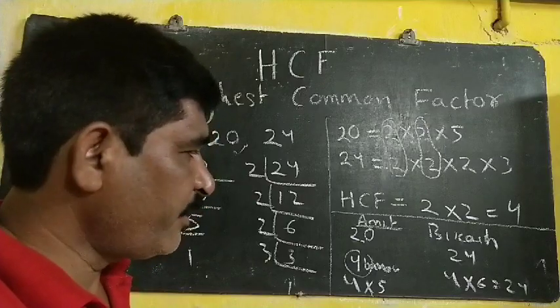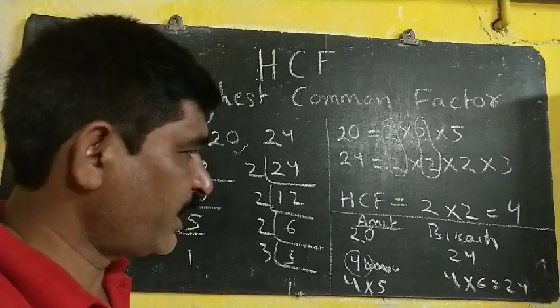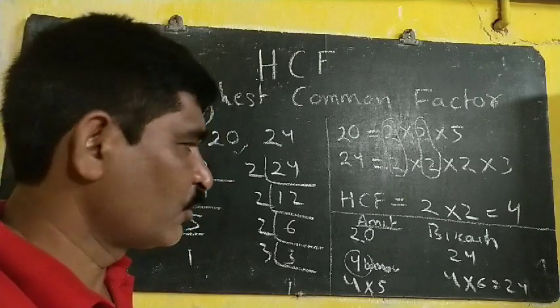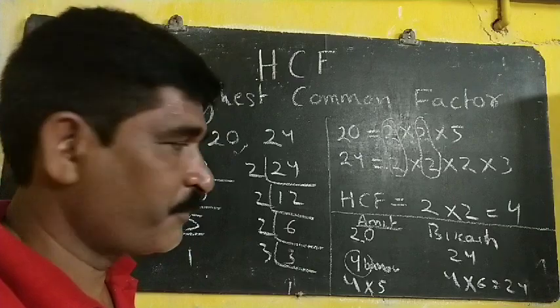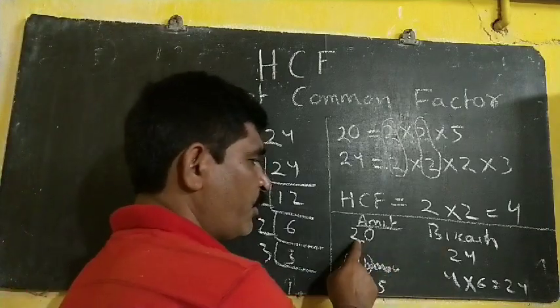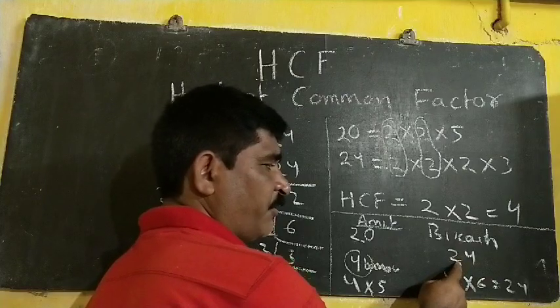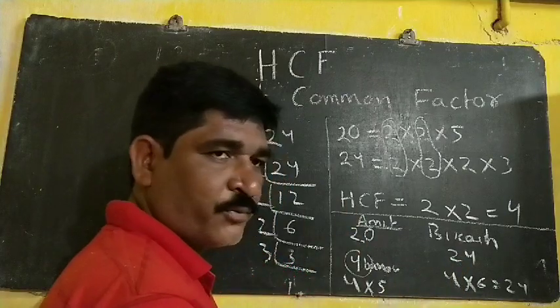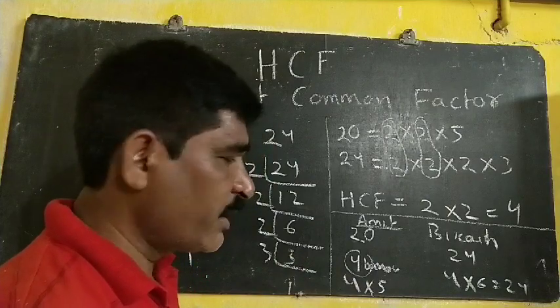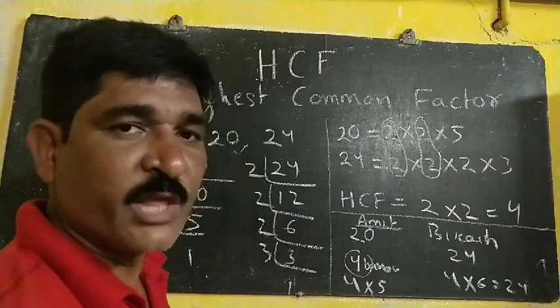So how many students can they feed equally? Okay. So no remainder should be there. How many students can they feed? Amit has 20 and Vikas has 24. They will distribute to an equal number of students so that no chocolate is left with them.